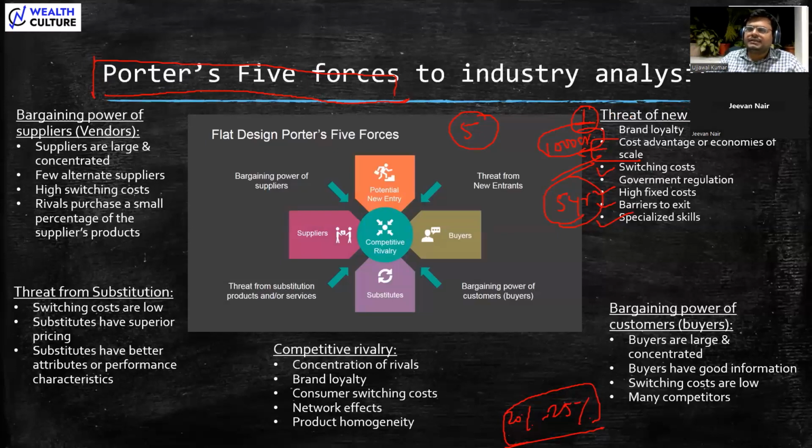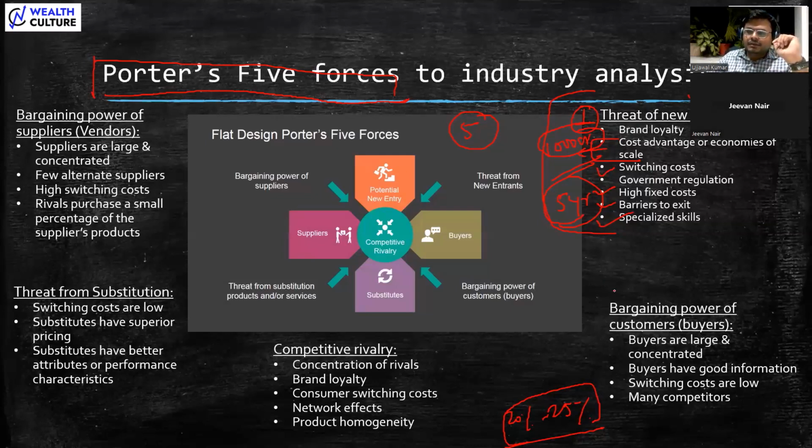So people who are entering into this business, they will think 100 times before entering. Only, let's say, the Reliance and the Ambanis and the Birlas and the Adanis of the world can have that sort of capital to get into this business, right? So the more difficult it is, the better it is for you as an investor, because then it reduces competition.